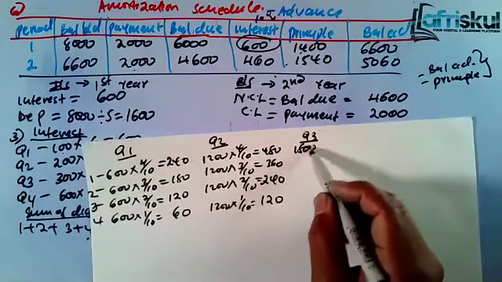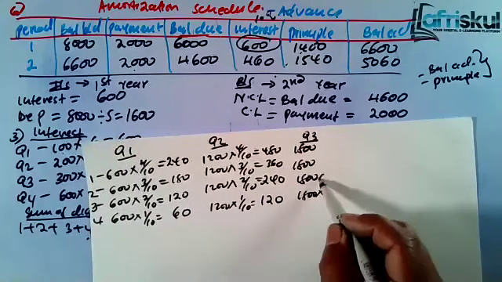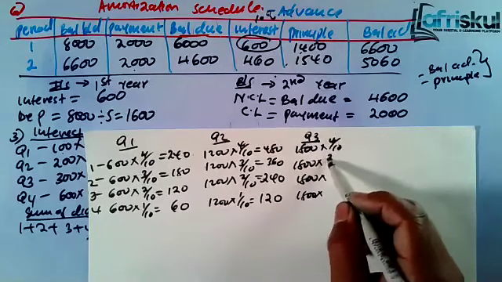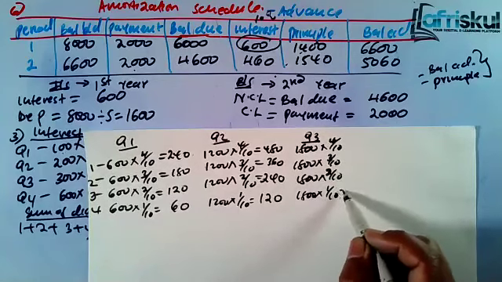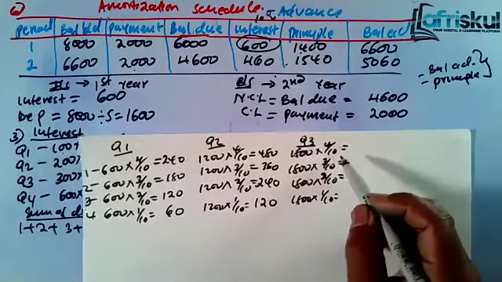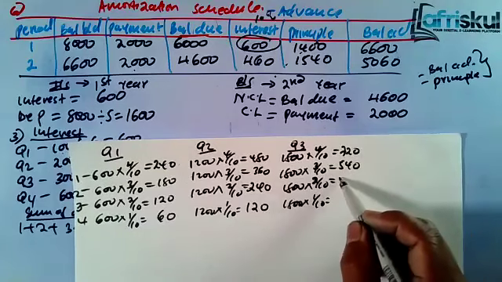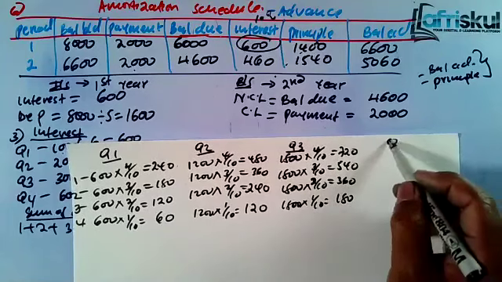So you take 18, and then 4 over 10, 3 over 10, 2 over 10, 1 over 10. So this one you'll get 720, 540, 360, and 180.